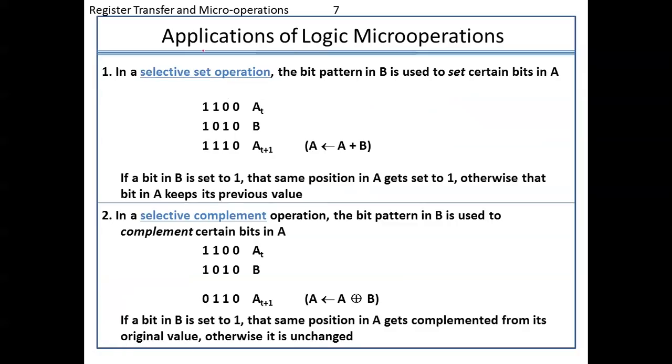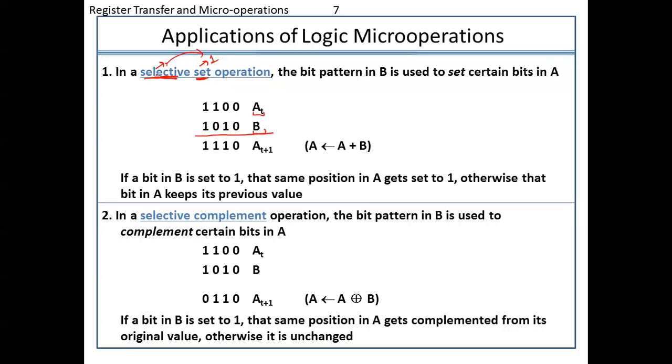Please understand carefully the meaning of the term selective: on the selected data, I need to set the value of that selected data to be equal to 1. Now how can I perform that? Let's suppose I have a register A with the data 1100, and a register B with the value 1010.